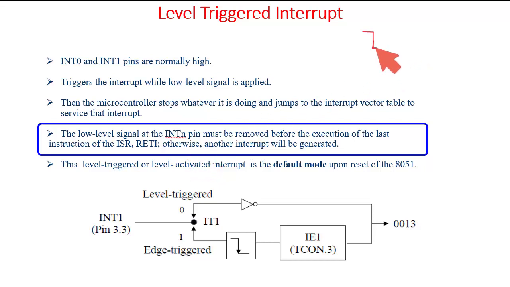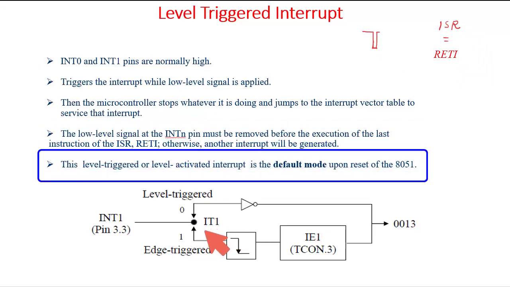This means when the low level trigger happens, execution transfers to the interrupt service routine, and the last instruction of the interrupt service routine should always be RETI. And what is the most important thing here? Before executing this RETI instruction, this low level should be removed. Otherwise, it will get another interrupt and start to execute this interrupt service routine again.